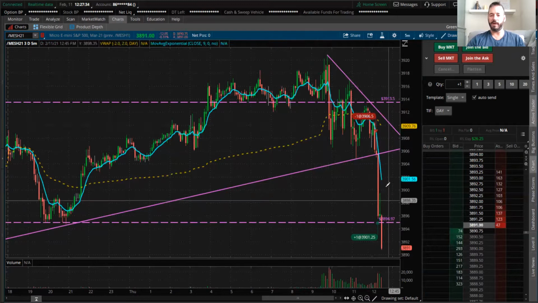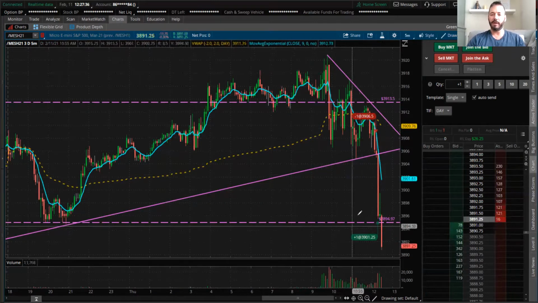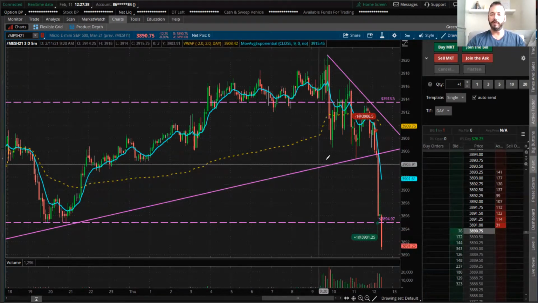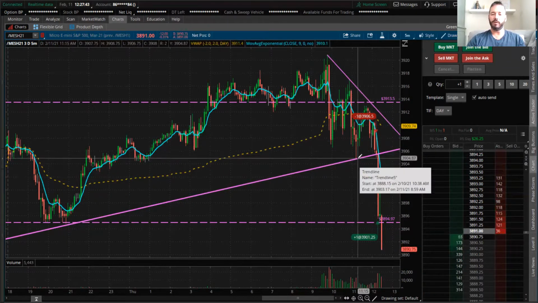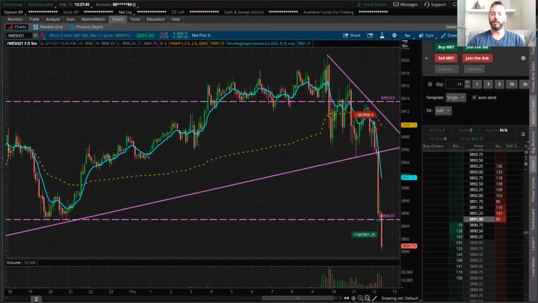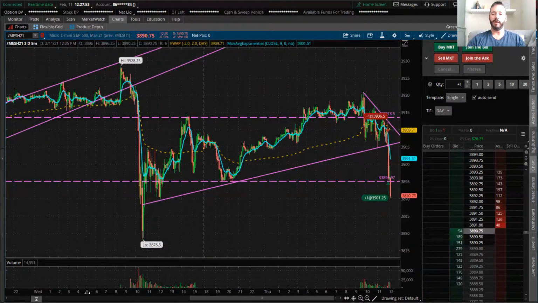This is for today. Now, if I pull it back, what had happened before I took my trade is it had touched my trend line that I drew the other day to the actual penny, guys. This is how dialed in you can be.